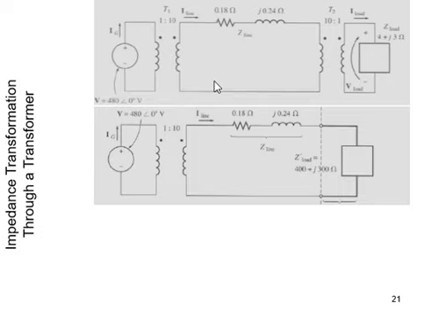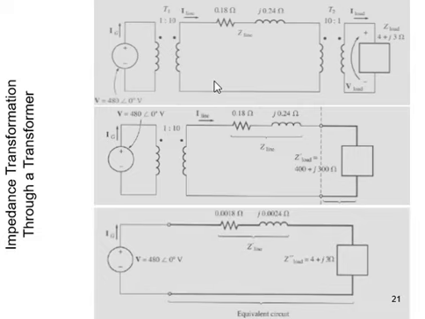If it is 0.1, then the square of 0.1 would be 0.01, or you can say if it is 1 over 10, its square would be 1 over 100. So instead of multiplying by 100, we will divide the value of Z line by 100.